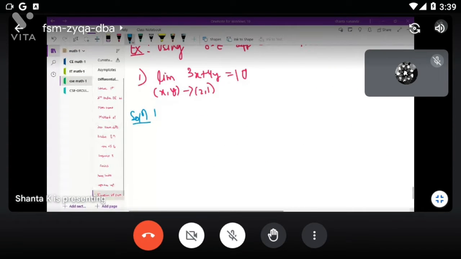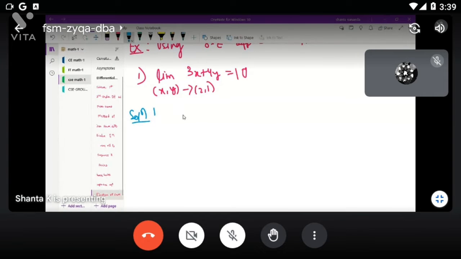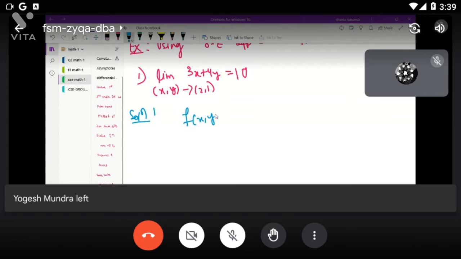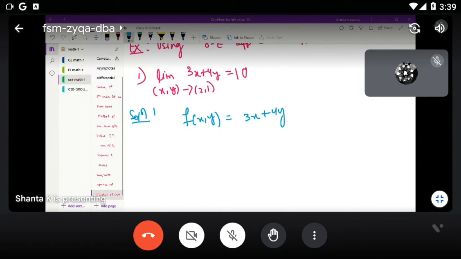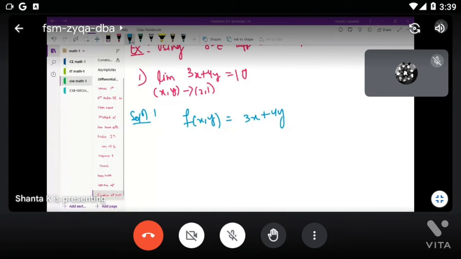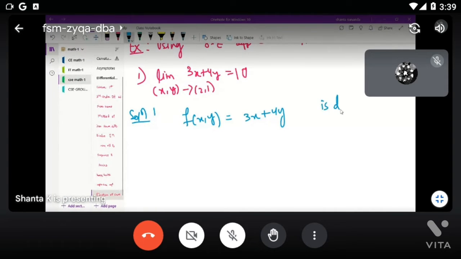So we start with f of xy. It's well defined, you can see, 3x plus 4y. It's defined at 2, 1, and we know the functional value here is 10. So let's try with this one, f of xy.